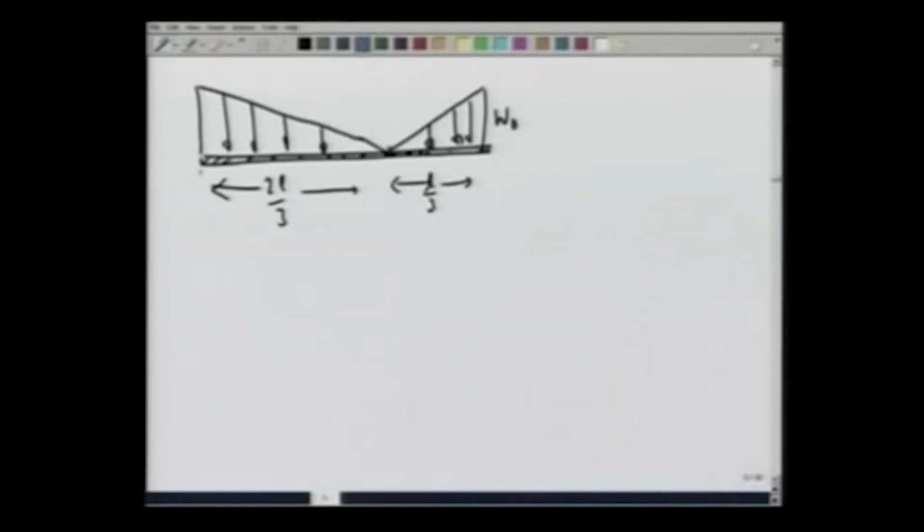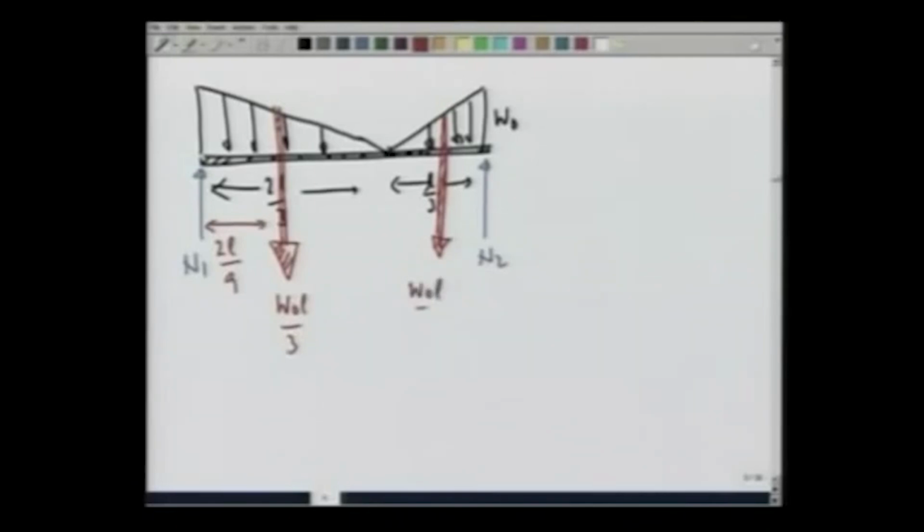Then we said the reactions at these points are going to be N1 and N2, and the two triangles will be replaced by one force acting downwards, which is W naught L by 3 acting at a distance of 2L by 9, and the other force acting here, whose magnitude is W naught L by 6, acting at a distance of 8L by 9.